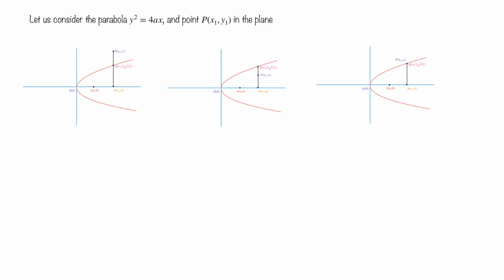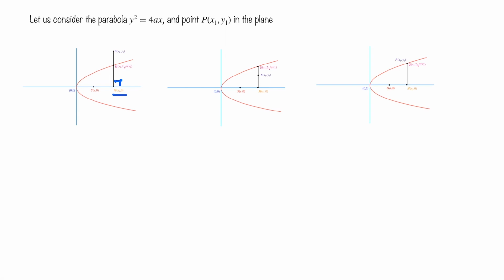So if P is exterior to the parabola y square equal to 4ax, what we can do in this case is draw the perpendicular onto the axis of the parabola. This is PM, which is perpendicular. The foot of the perpendicular we are calling M, so it is going to be x1 comma 0.